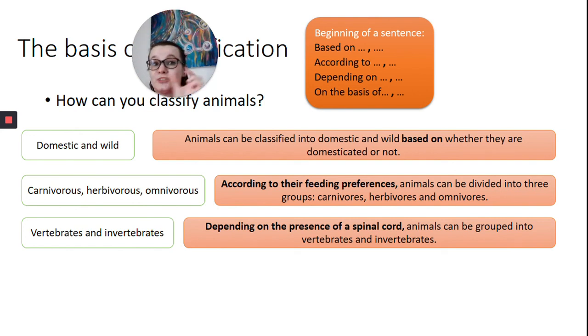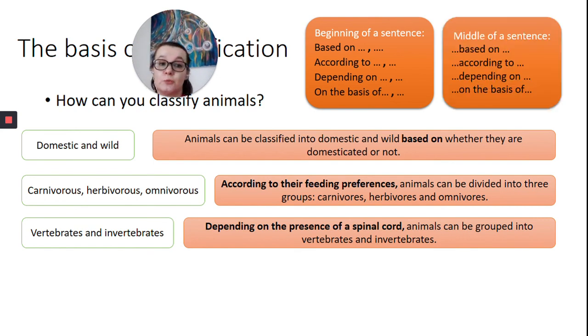Say, based on whether animals are domesticated or not, comma, they can be classified into domestic and wild, full stop. If you want to put it in the middle of the sentence, that's also fine, but then you will not use any commas. Only if you start a sentence with them.